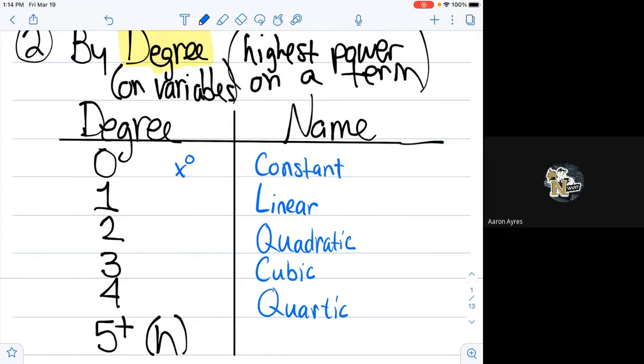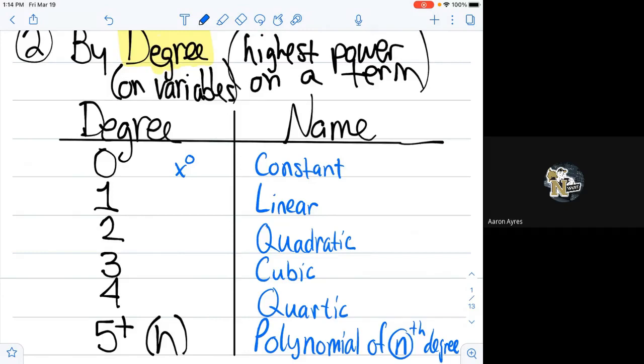After 4, we just say polynomial of nth degree. So whatever the highest exponent is, if it's higher than 4, we just say polynomial of like 7th degree if the highest exponent was 7, or polynomial of 10th degree if the highest exponent was 10. Okay?